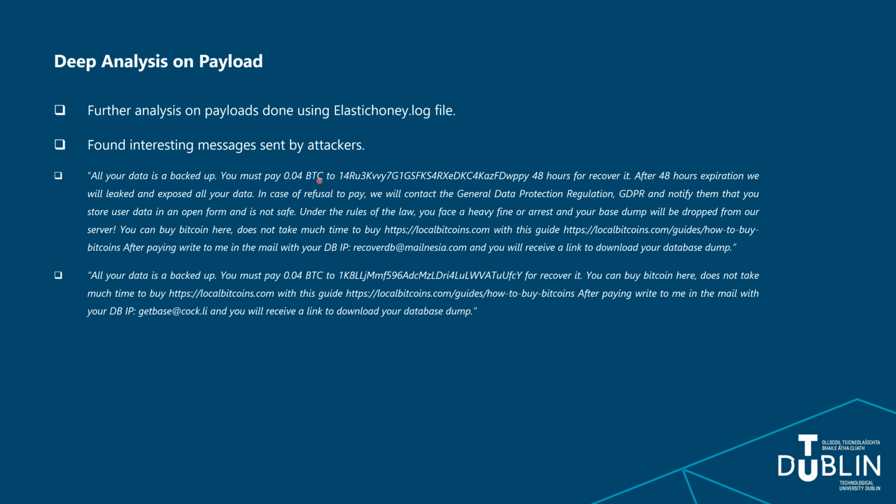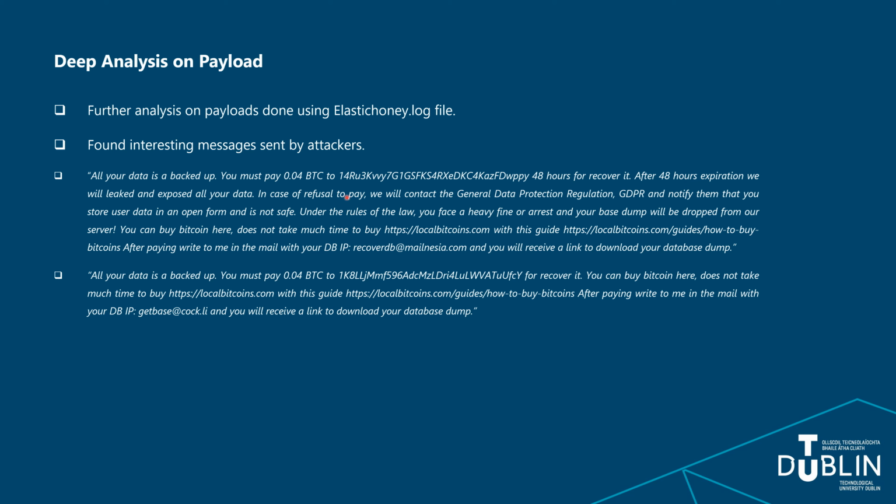One is a Bitcoin message: the attacker asked the victim to pay 0.04 BTC to this address within 48 hours to recover the data that has been encrypted. If the host didn't pay within 48 hours, the data will be leaked or exposed.